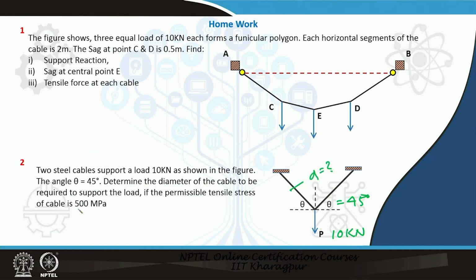The permissible tensile stress is 500 Newton per mm square. So, first you find out how much the force is, and then you find out how much area is required to take care of that.